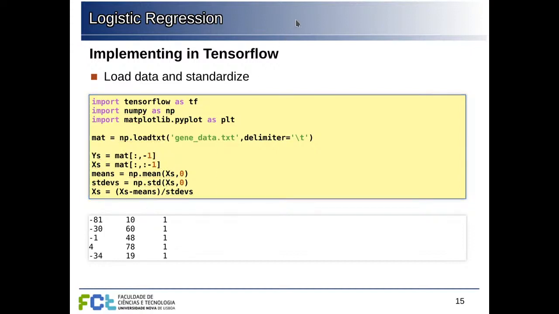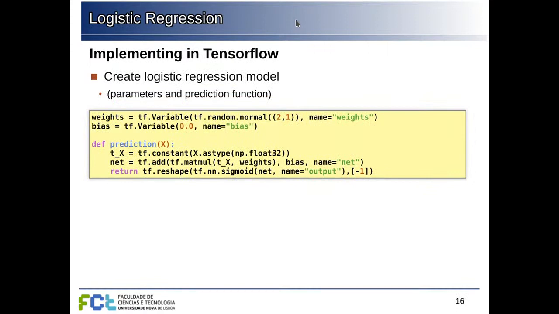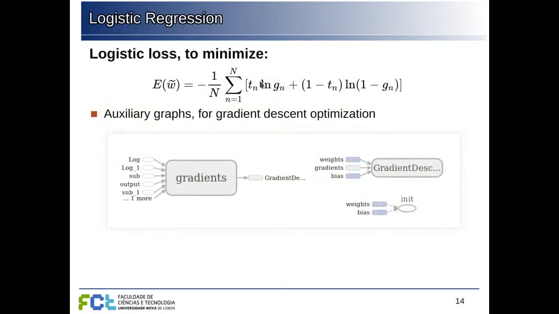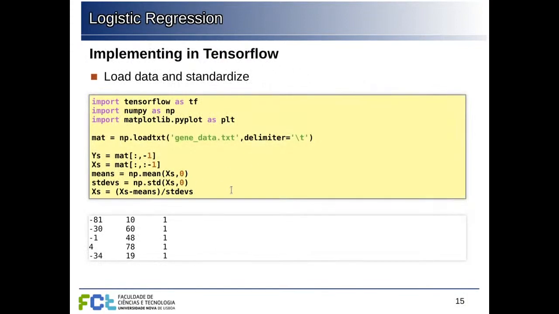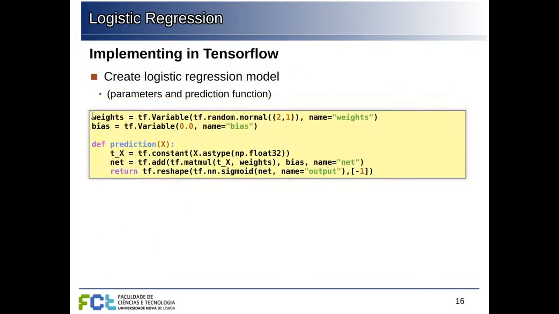It's important to remember this because then things must fit together when we are computing the appropriate tensors. So let's create a function that gives us the prediction of our model. This is basically this expression here for the g function that depends on the parameters and the data. So we're going to create our parameters here as global variables.